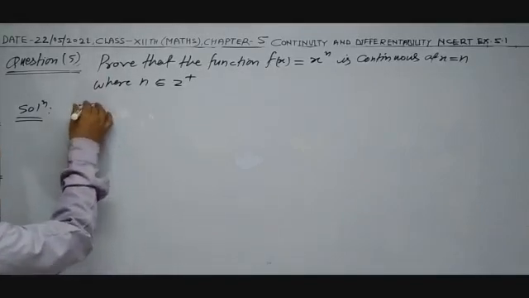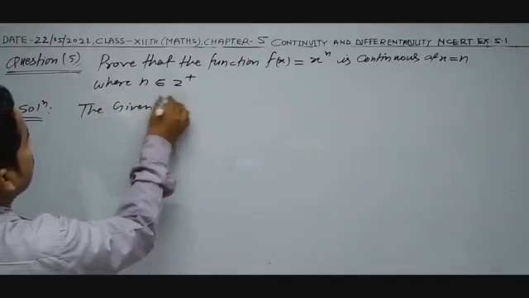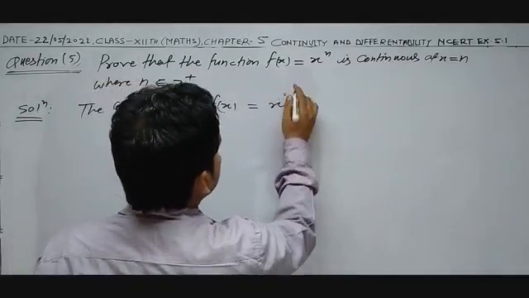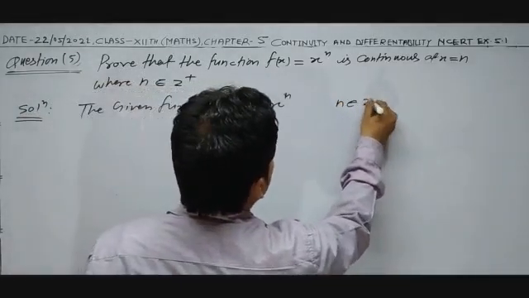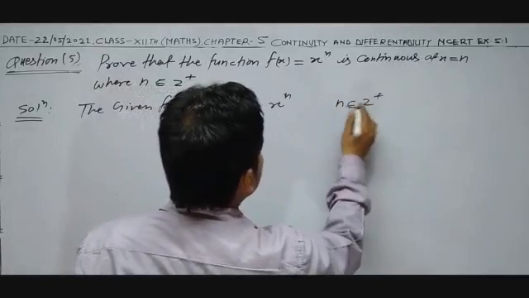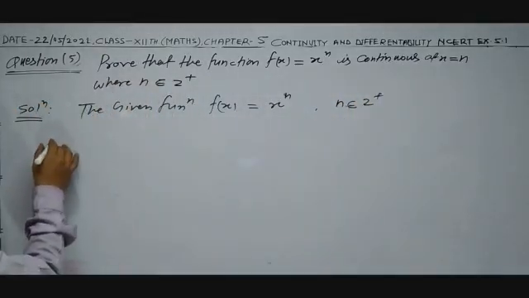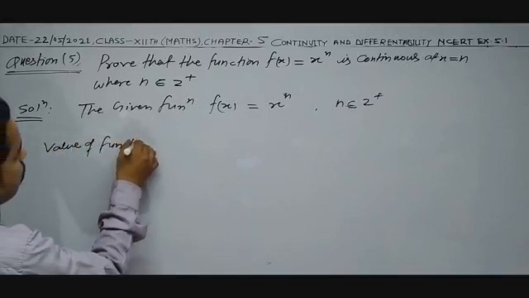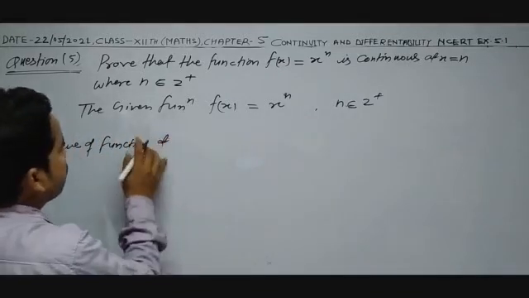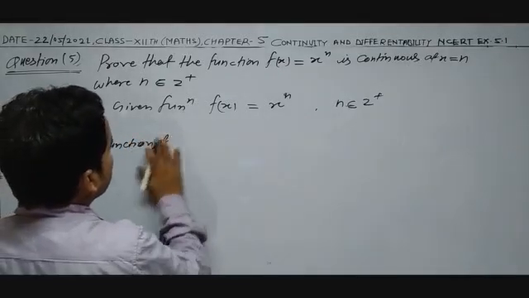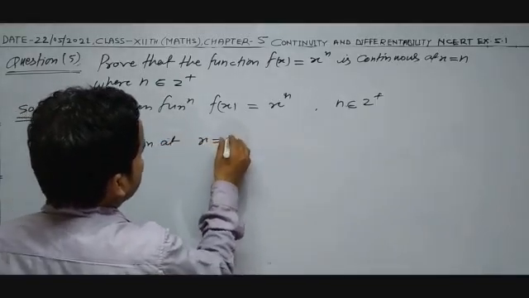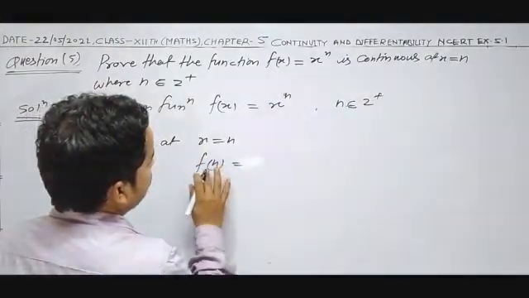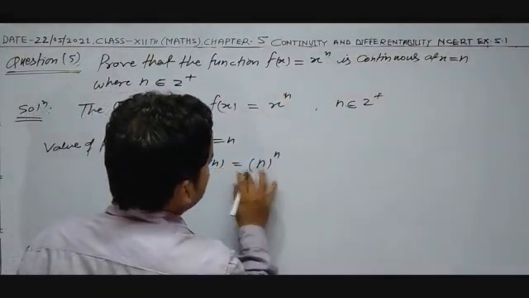So the given function f(x) is equal to x to the power n such that n belongs to positive integers. Value of the function at x equal to n: f(n) will be equal to n to the power n.